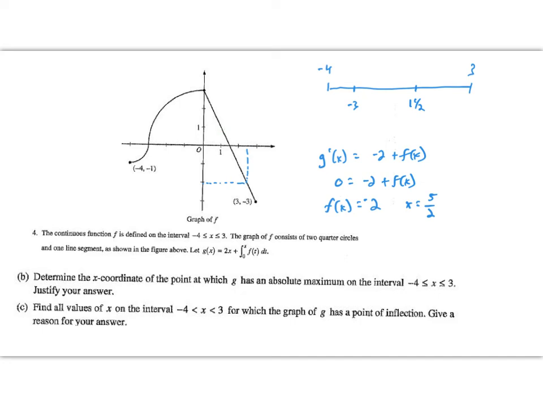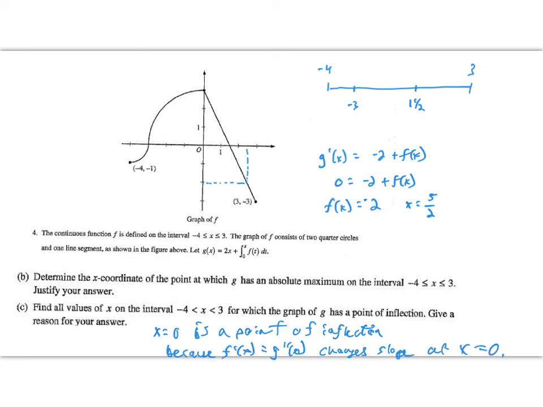So there is only one spot for which there is a point of inflection, and that's at x is equal to 0, because f prime of x, which is equal to g double prime of x, changes sign at x is equal to 0. That part wasn't so bad. Pretty easy to come up with.